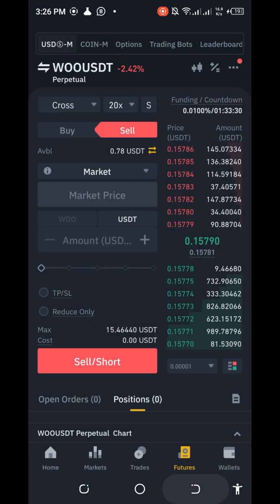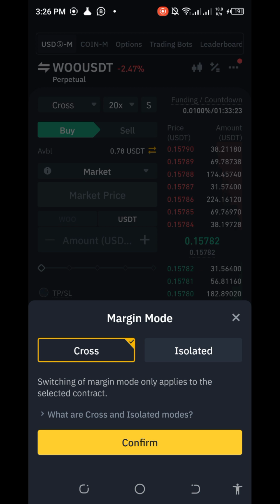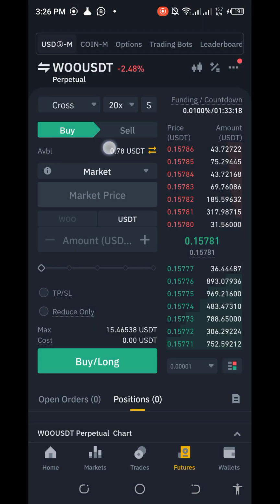So I'm going to explain everything one after the other here. We are going to start from buy, and I'm going to start from this cross. What does this cross mean? In my available balance here, I'm having 0.78. The cross says, James, you are having 0.78 on cross.